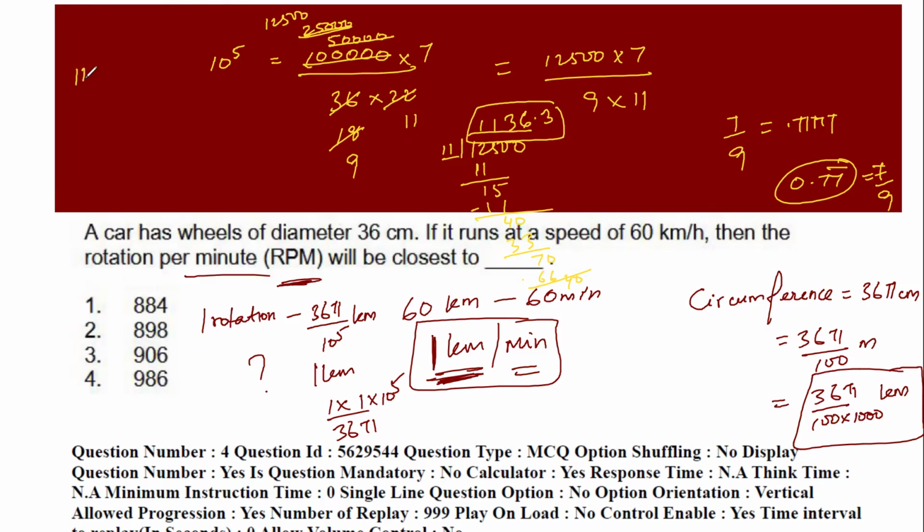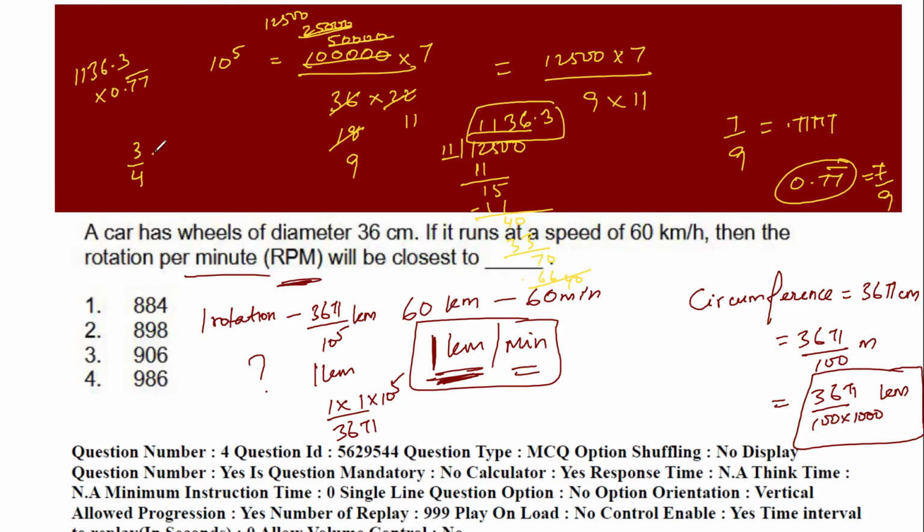So then finally we have 1136.3 into 0.777 bar, right? Either we take it as 3/4 or we take it as 4 by 5, whatever you want.